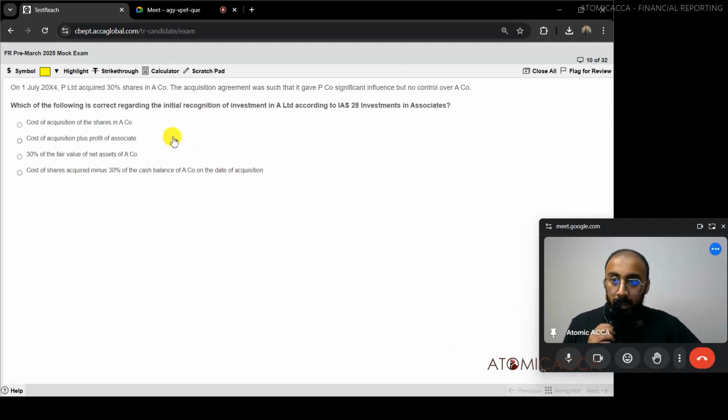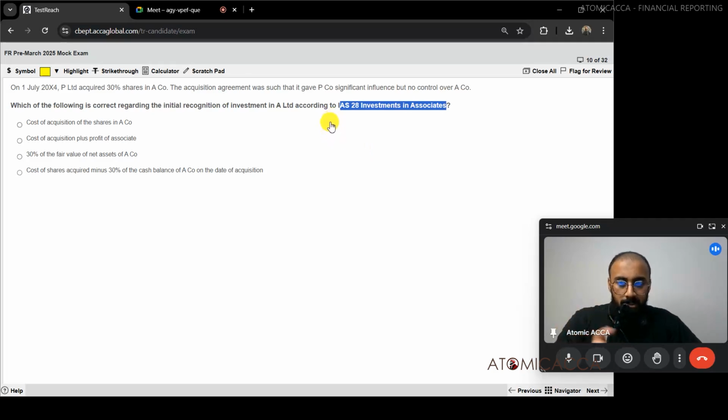Next, which of the following is correct regarding the initial recognition of investment in A Limited according to IAS 28, investment in associate? IAS 28 is equity accounting, and as per equity accounting you have to measure it at cost in the beginning.